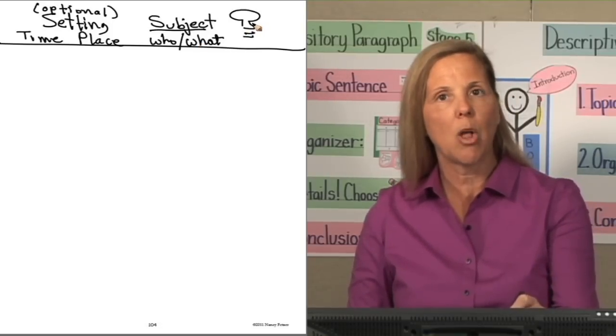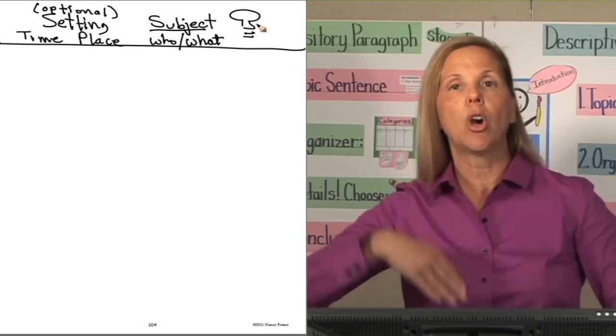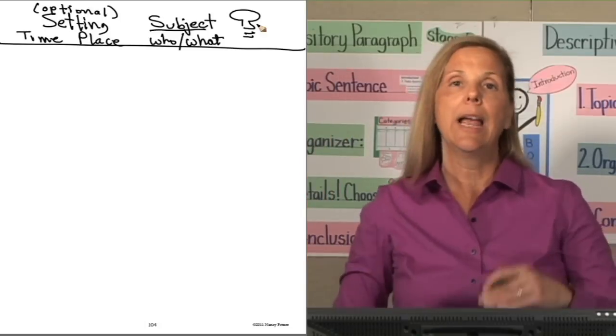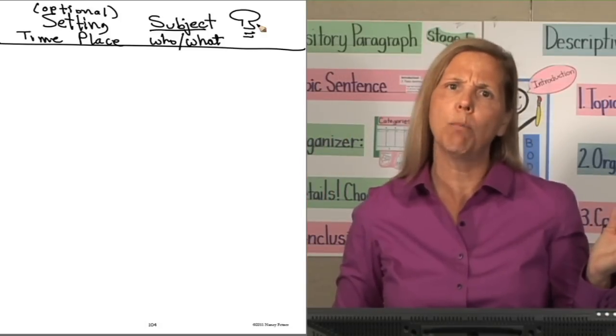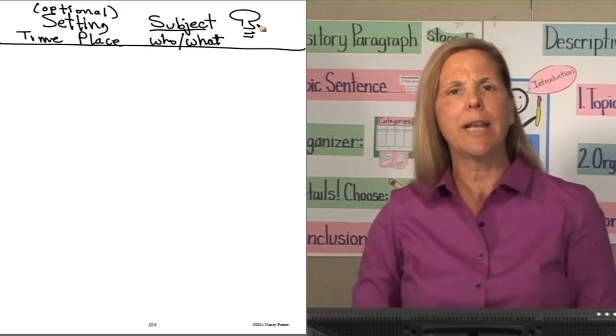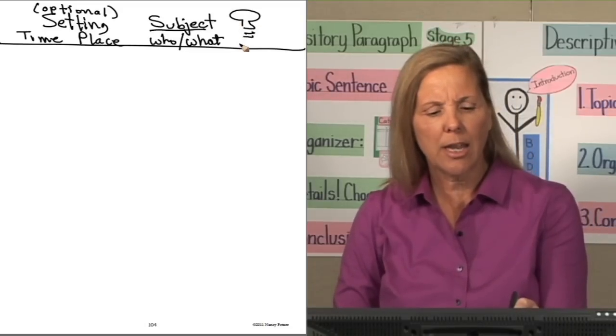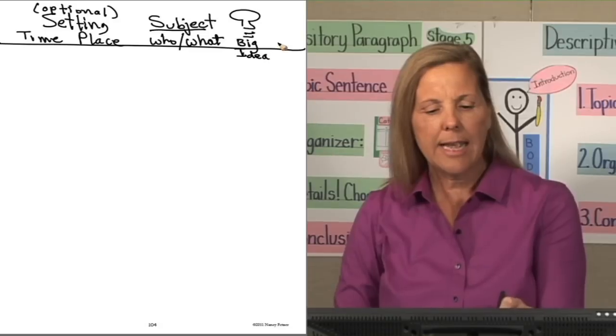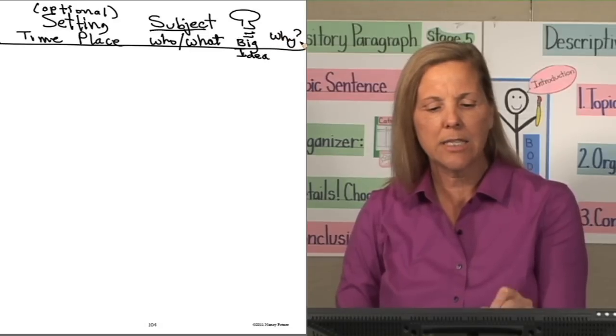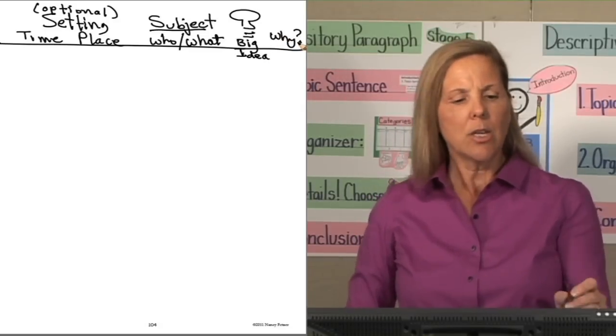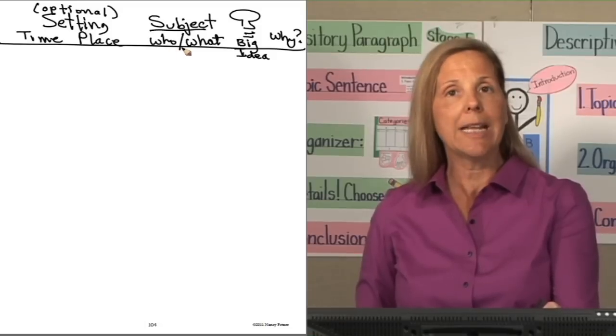That's what the light bulb is for. The light bulb is for what's the big idea and who cares? Why is it so important? So the light bulb has two parts. First, there's the big idea. And then there's the why is this so important? So I may have subject plants.